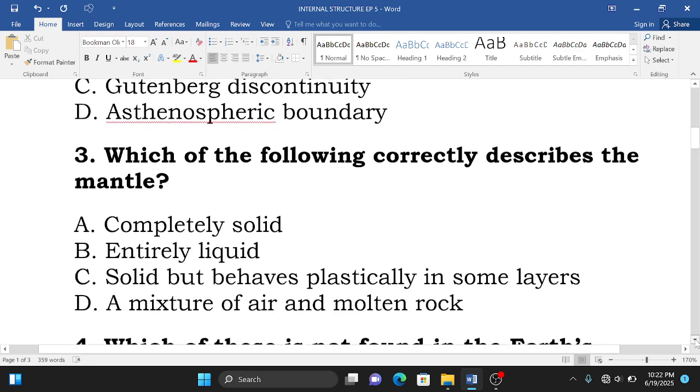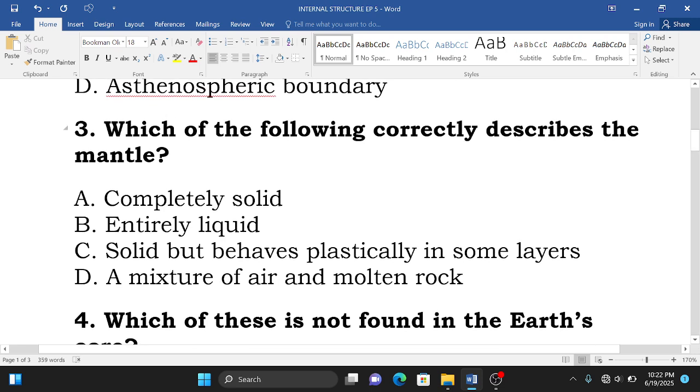The question number 3 is asking which of the following correctly describes the mantle. A. Completely solid. B. Entirely liquid. C. Solid but behaves plastically in some layers.